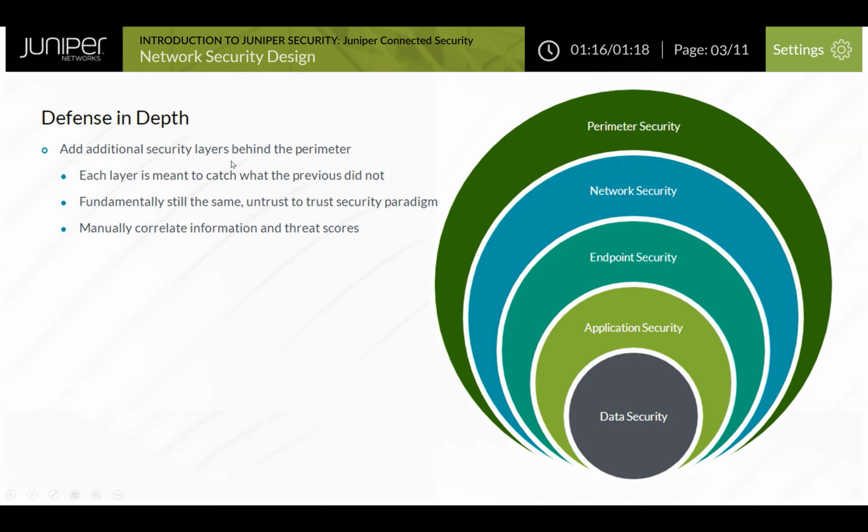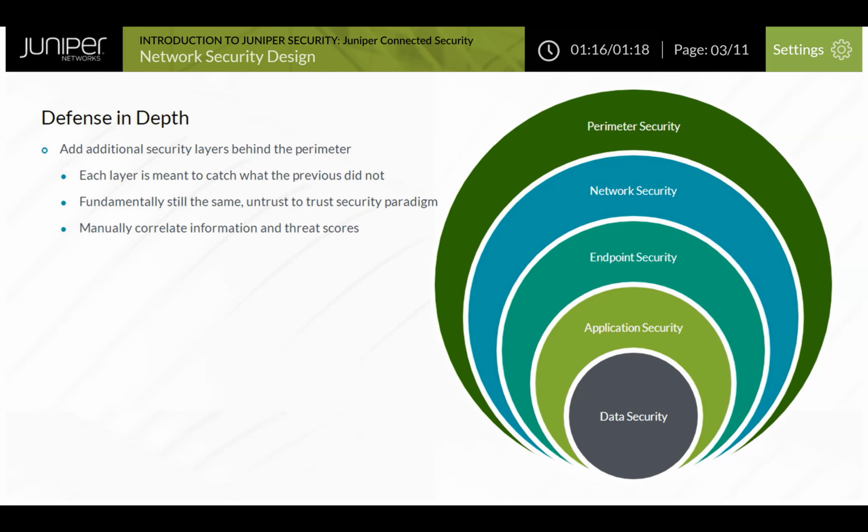So add additional security layers behind the perimeter. Each layer is meant to catch what the previous did not. It means if perimeter security didn't catch the malware, then at the next level, network security detects it. If not detected, then it goes to endpoint security.